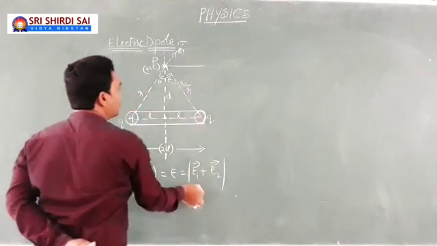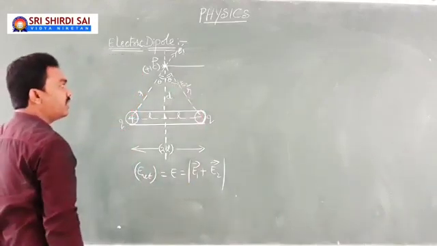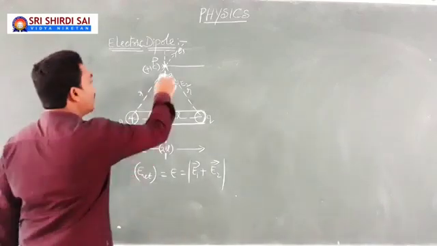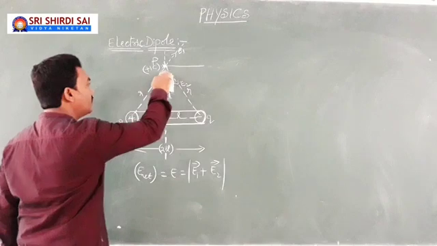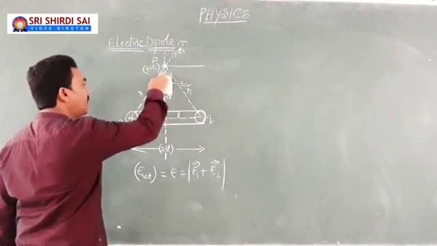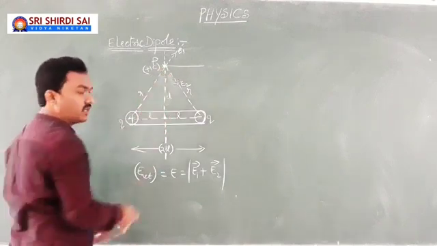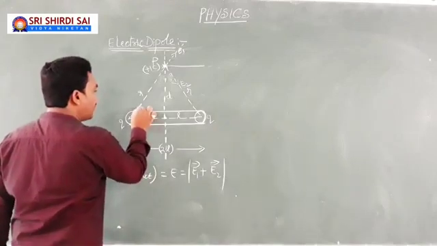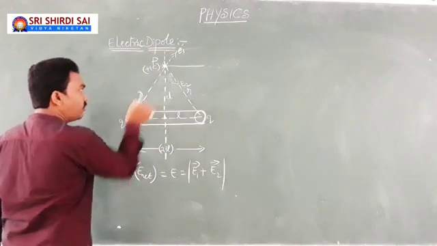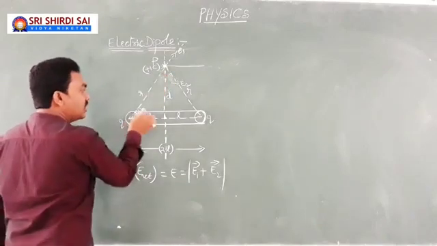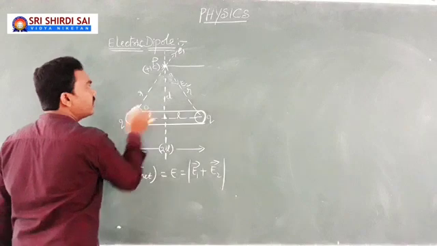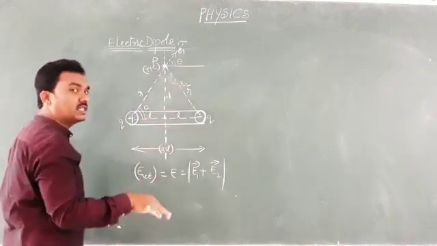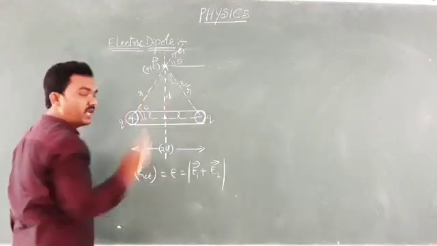To go for this resultant, we should know the angle between E1 bar and E2 bar, so rather than supposing angle theta here, the supposition of this angle is not helpful to us for the calculation purpose.